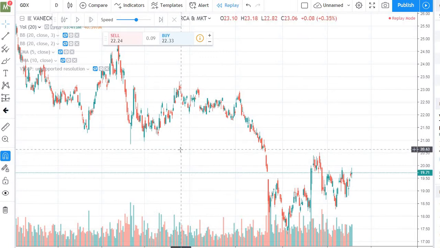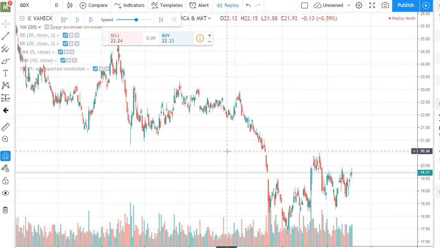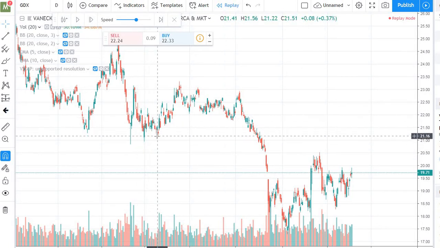The other thing I wanted to mention, an analogy I like to use: I'm a personal trainer in my life, so I use a lot of physics. The conservation of momentum says that an object's going to stay in motion until it runs into an outside resistance. So in this case, an object, aka the stock chart, is going to continue in motion until it hits either a trend line or a resistance or a support, most of the time. All of this stuff is just based on psychology and people wanting to buy and sell.